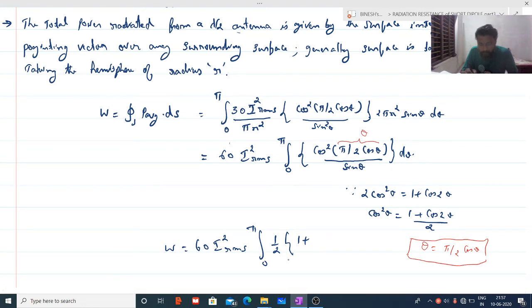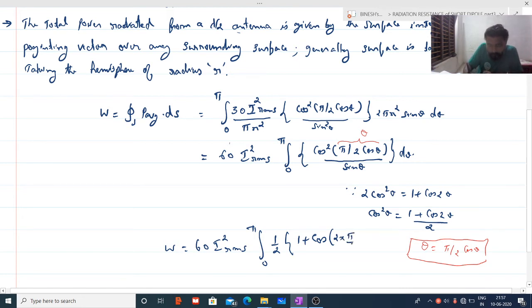So 2 into pi by 2 gives pi. That is clear for you. Cos of 2 into pi by 2 cos theta, divided by sin theta into d theta.